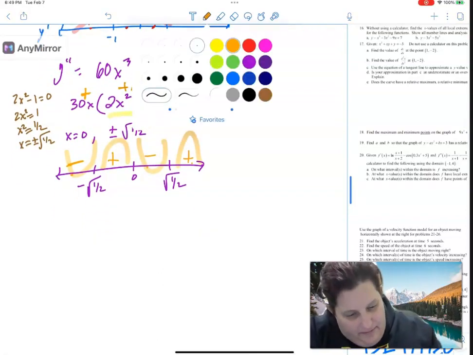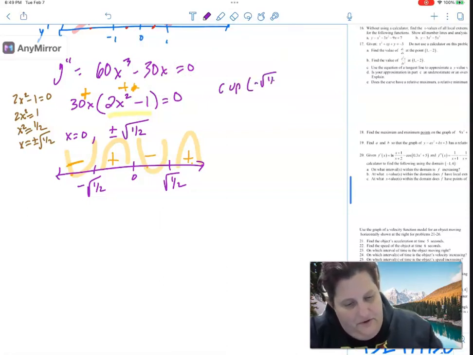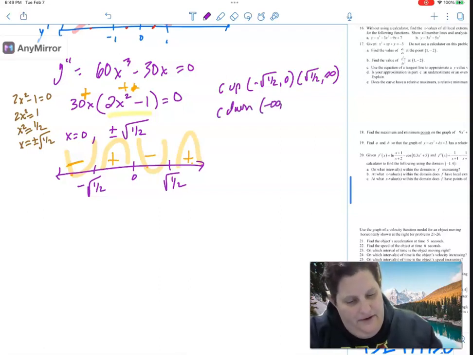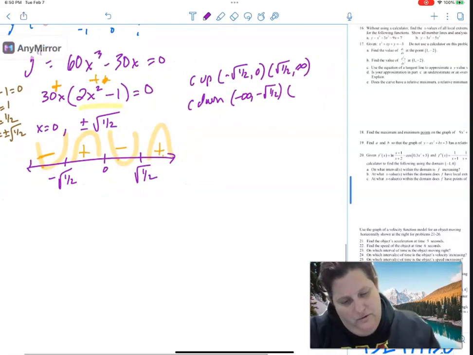And so I would write it up like this. I am concave up on the interval negative square root of a half to 0 and square root of a half to infinity. I am concave down on the interval negative infinity to negative square root of a half, and 0 to square root of a half.